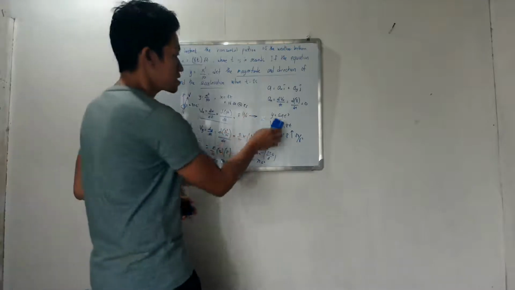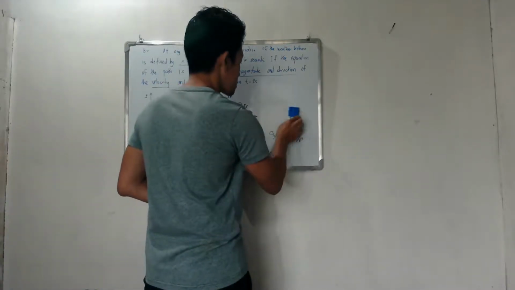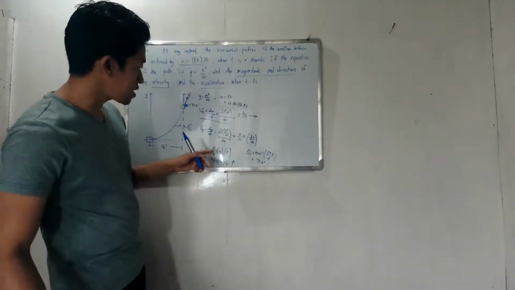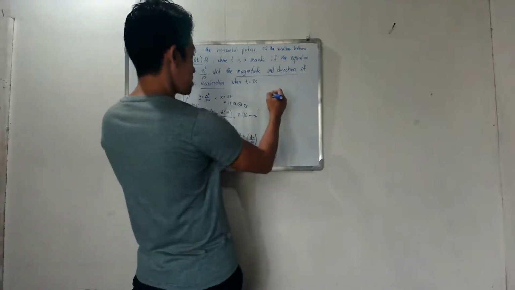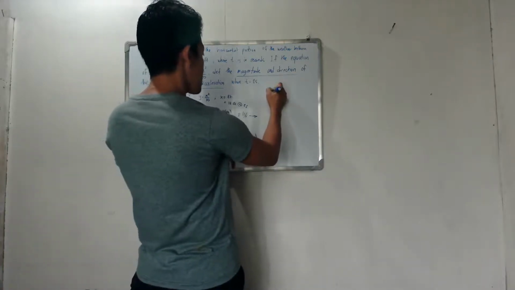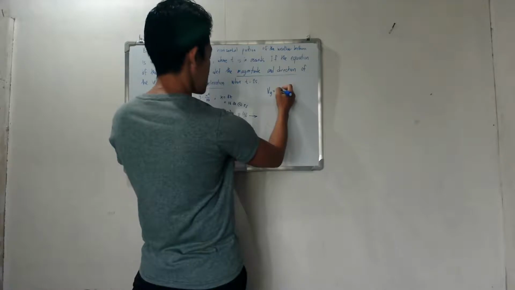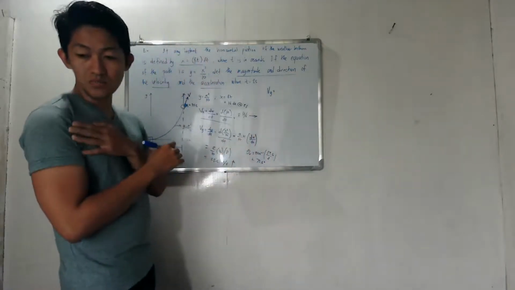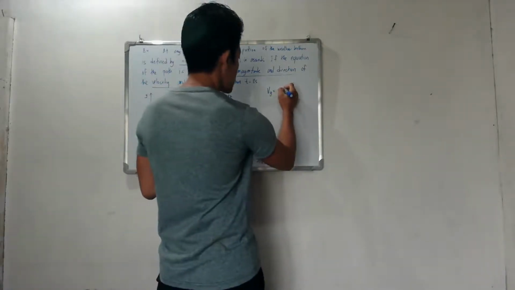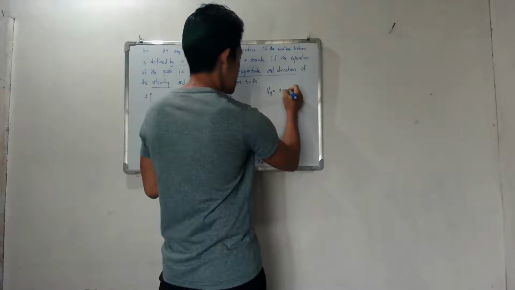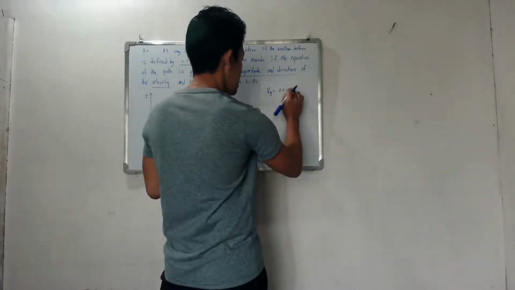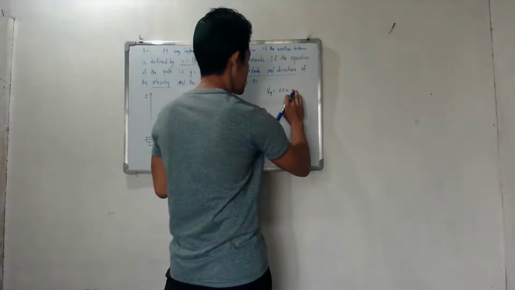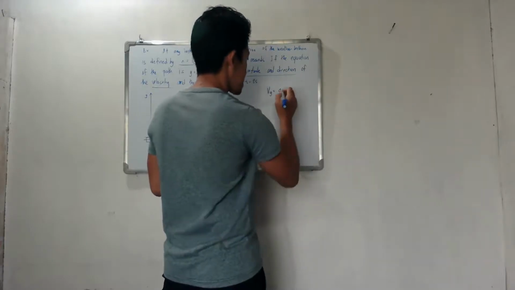That's the answer. Now, if you use the other equation, y is 2 divided by 10, which is 0.2, times x squared. Vx is x dot.